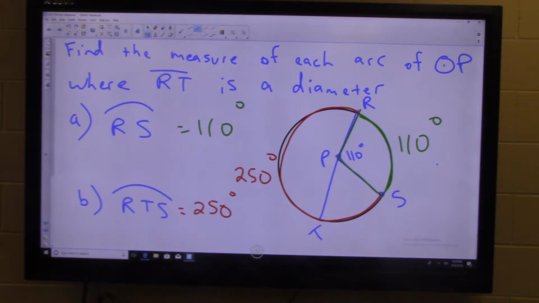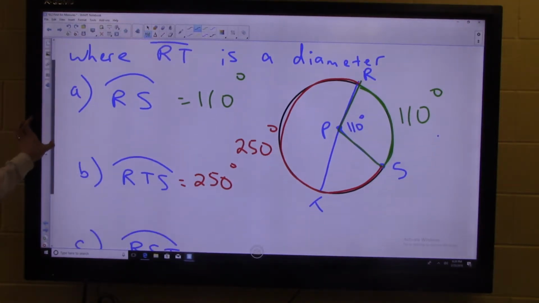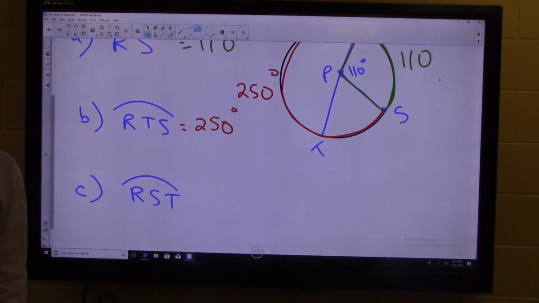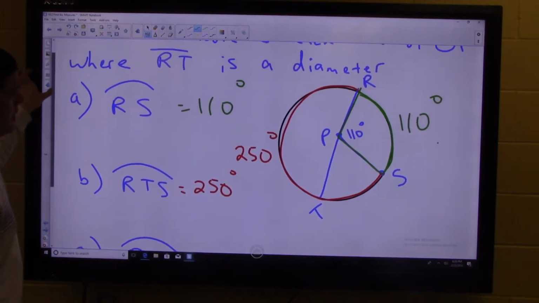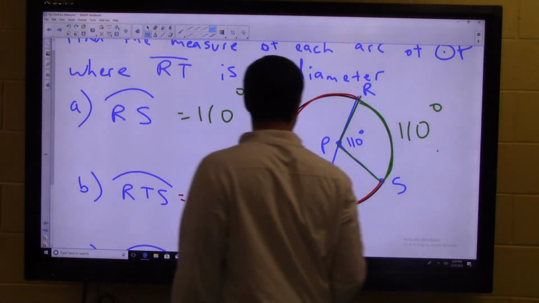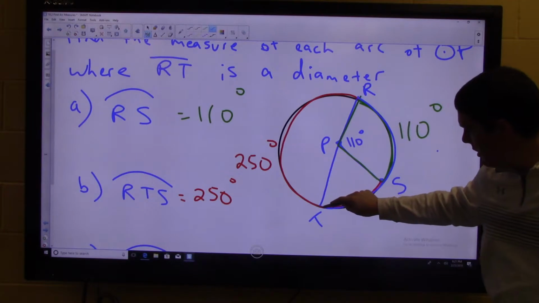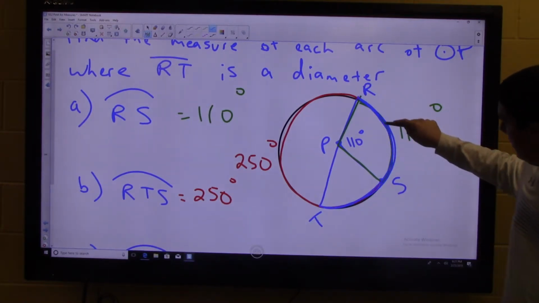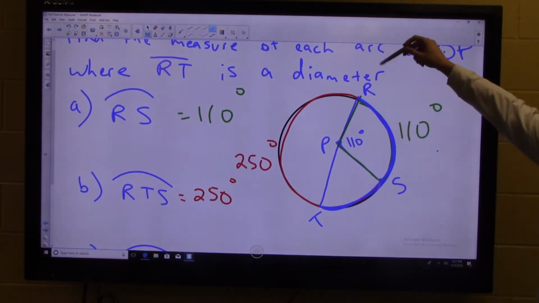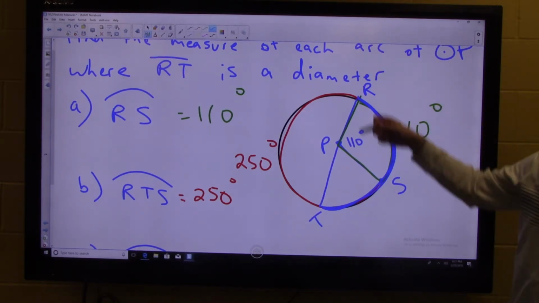Like I said, we got one more. Let's go down to the last one. RST. Now, believe it or not, if you read the question and know what it's asking, this one should be easy as well. Let me highlight that in blue this time. So RST is from here to there to there. The way we can figure that out is the information right here. It says RT is a diameter.